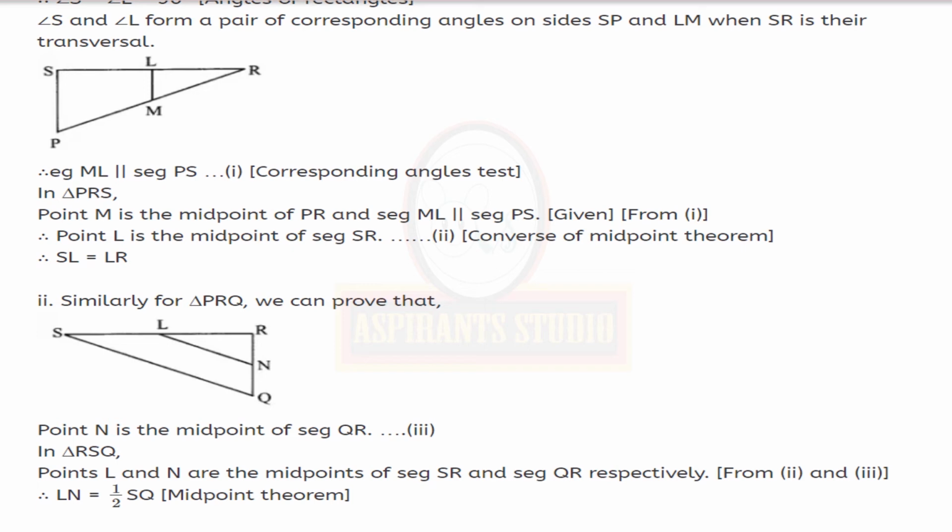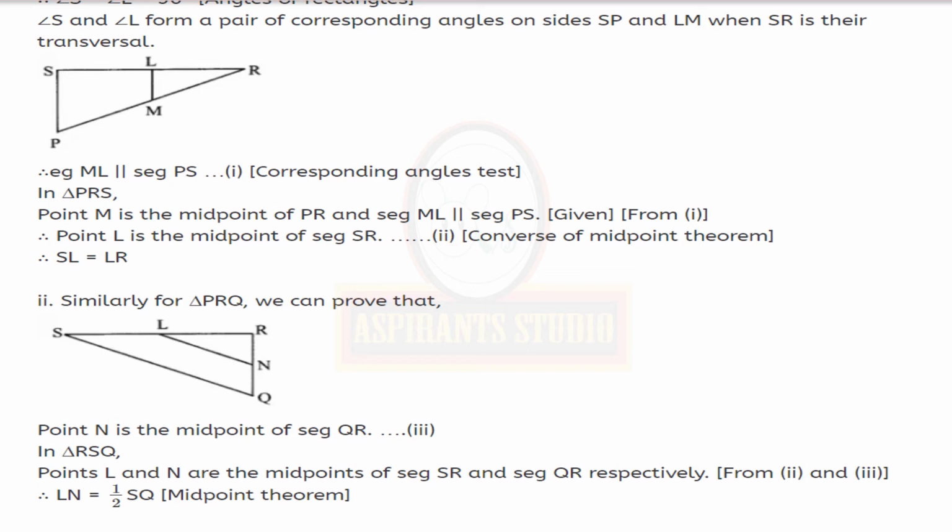So you can apply the corresponding angles test and write segment ML is parallel to segment PS. Segment spelling is wrong here, the correct one is SEG. Segment ML is parallel to segment PS because of the corresponding angles test.